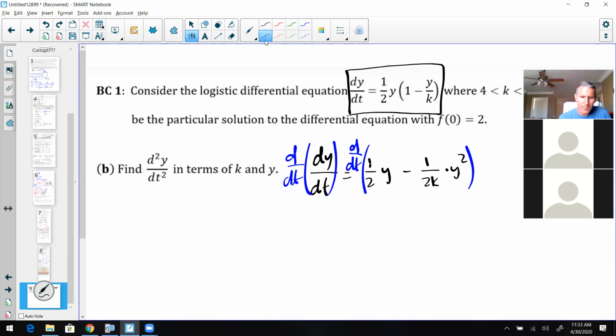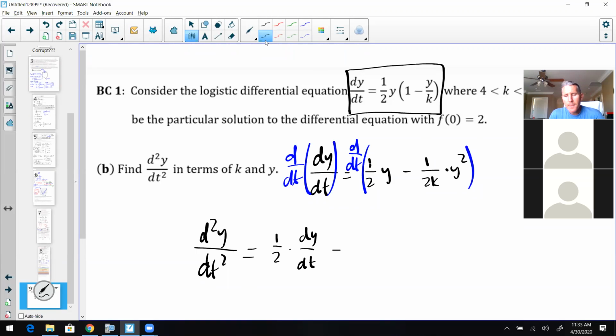To get that, the second derivative of y with respect to t is equal to, okay, so here we go. What's the derivative of 1/2 y with respect to t? Remember, that's implicit differentiation. You take the derivative like you normally would, so the derivative of 1/2 y would be 1/2 times dy/dt, minus.